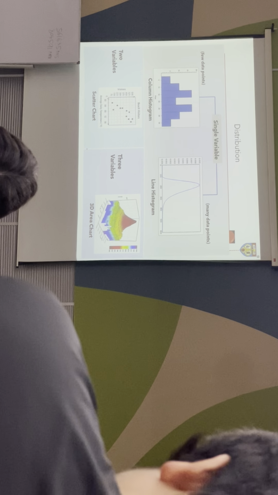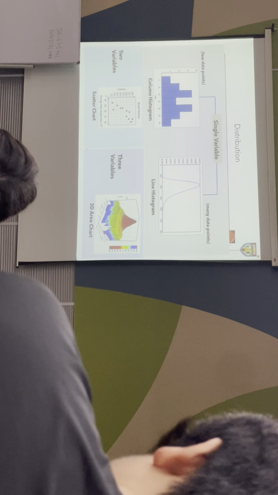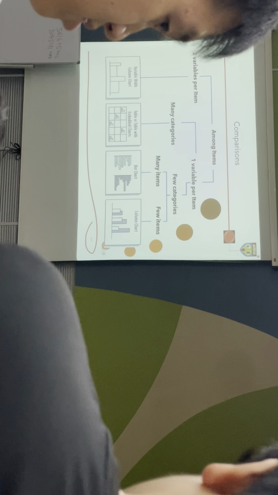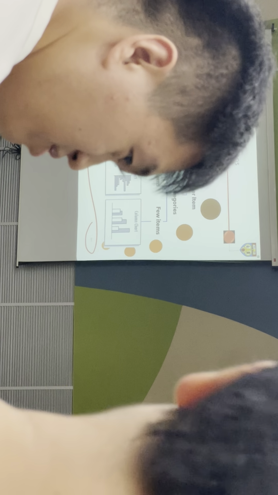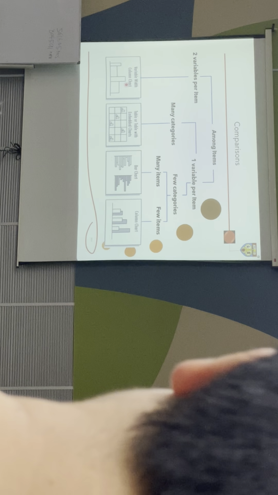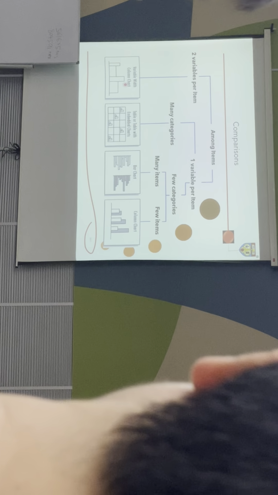Okay, and then if you want to compare between your variables or your features, let's say it involves two variables per item, you can use variable width column chart.